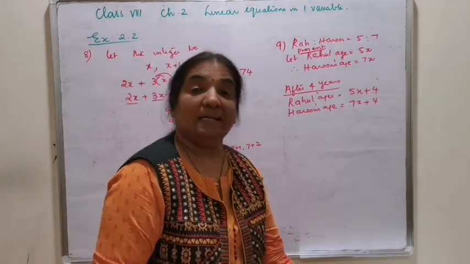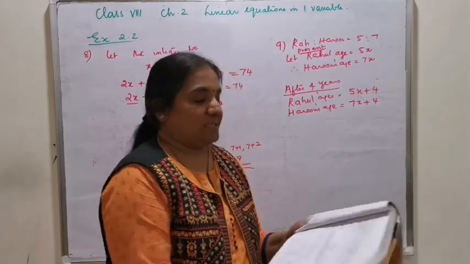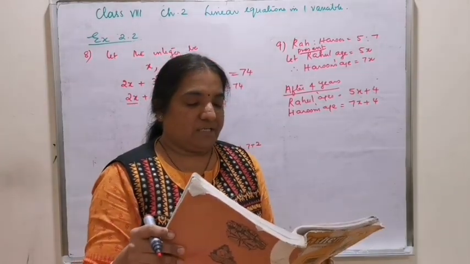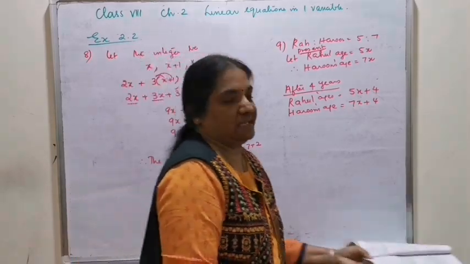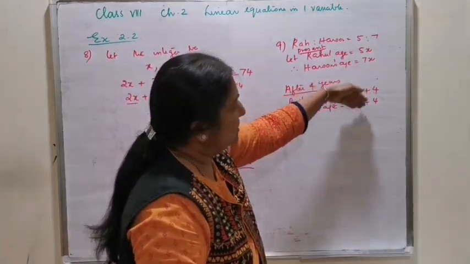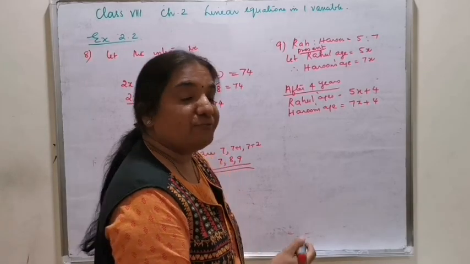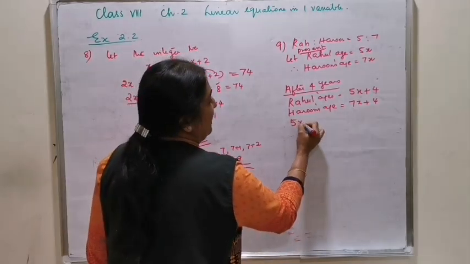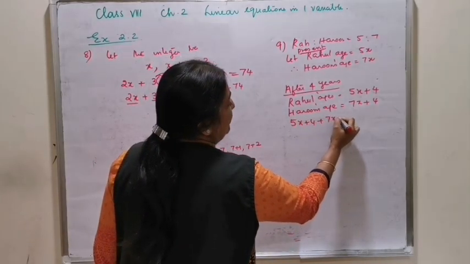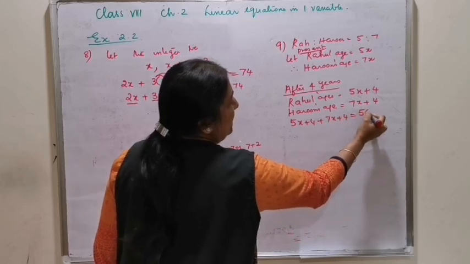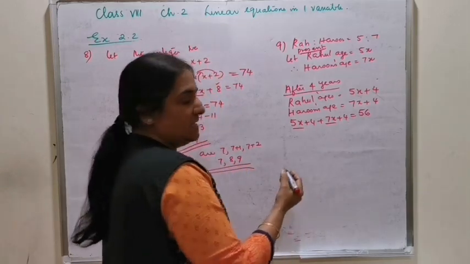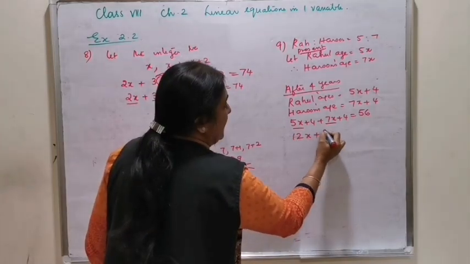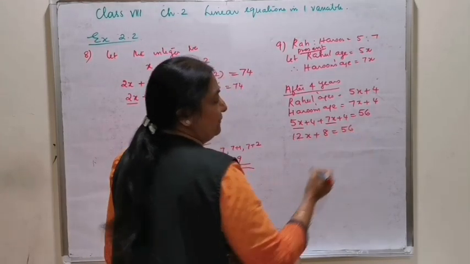Now, what is the condition given in the question is, after 4 years, the sum of their ages will be 56. That means the total of their ages is 56 years. That is 5x plus 4 plus 7x plus 4 is equal to 56. 5x plus 7x is 12x plus 8 is equal to 56.